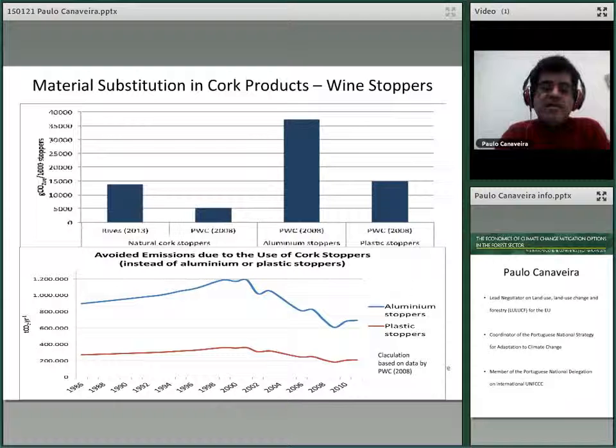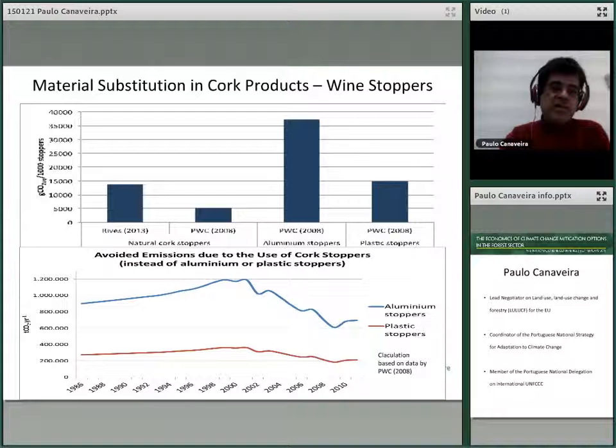In particular, aluminium has very high emissions in its production. And so for the same amount of stoppers, we can see that natural cork is actually the one delivering the lower emissions. Comparing the alternatives, we can see that the savings for 1,000 stoppers are about 24 kilograms compared to aluminium, and about 1.2 kilograms compared to plastic.